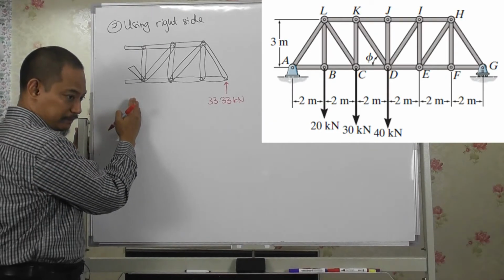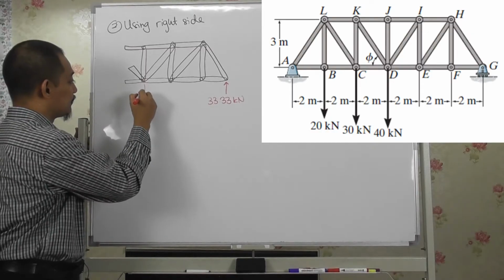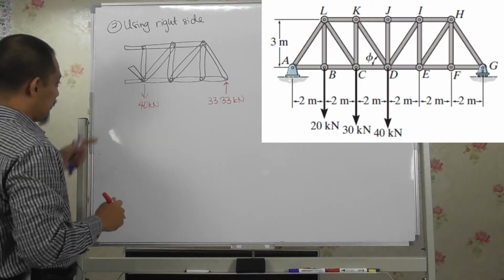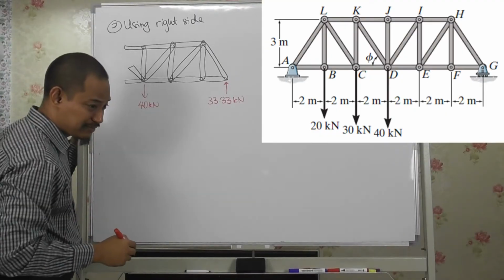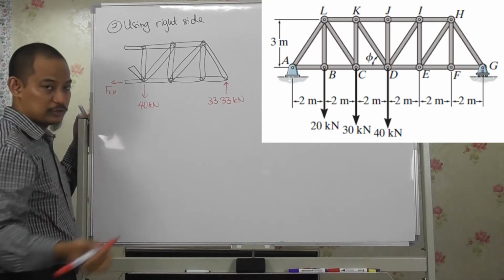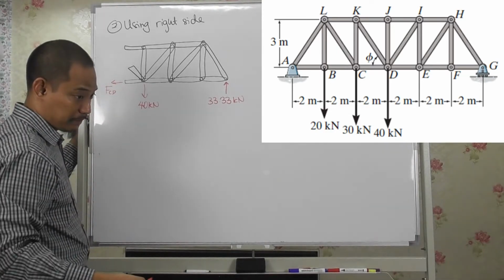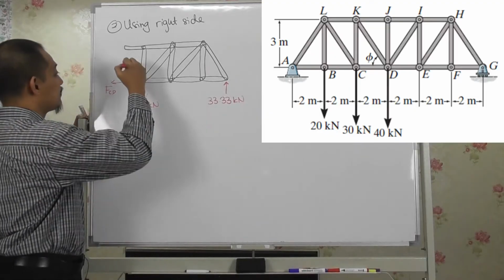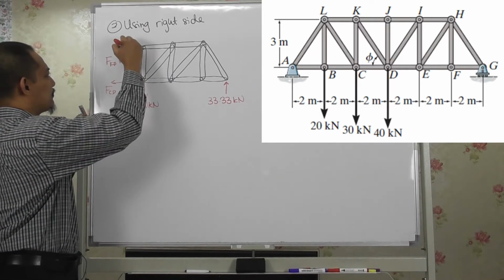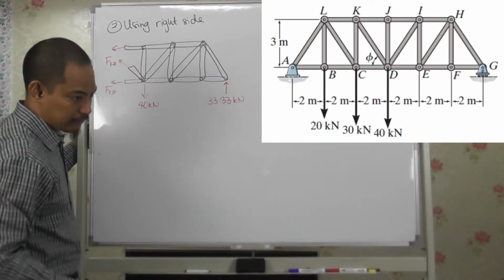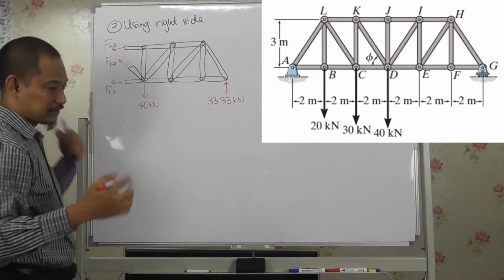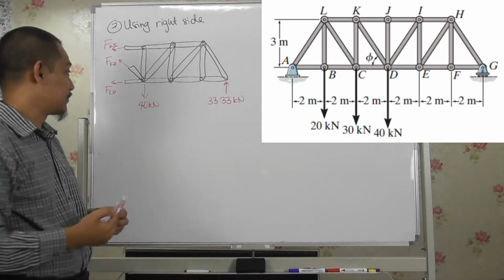So meaning that we have 40 kilonewton here, 40 kilonewton there, and then we have FCD. I'm assuming everything tension as well. FKD here, I'm using the same name, FKJ, even though the direction is different, but I'm just using the same name.